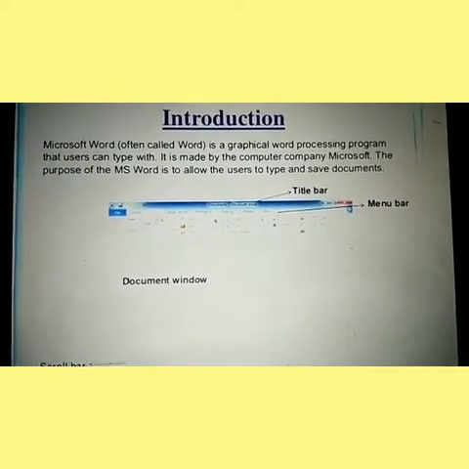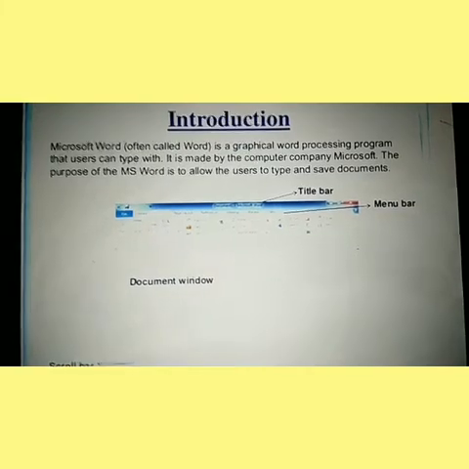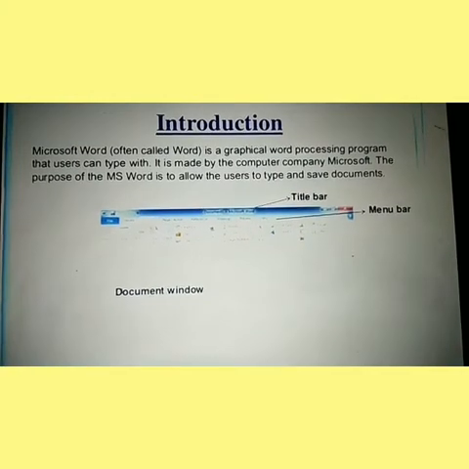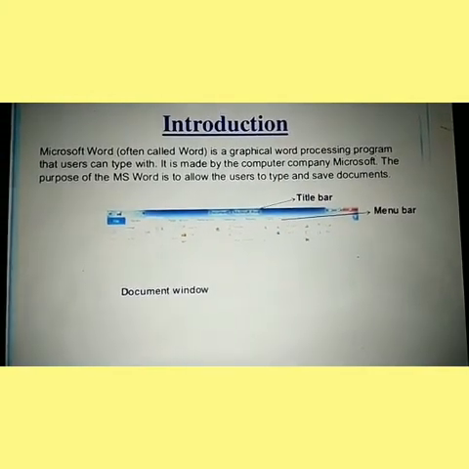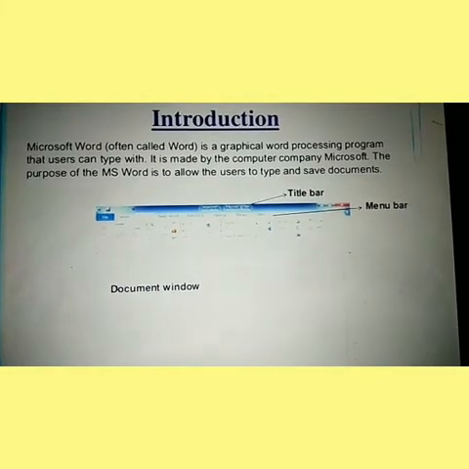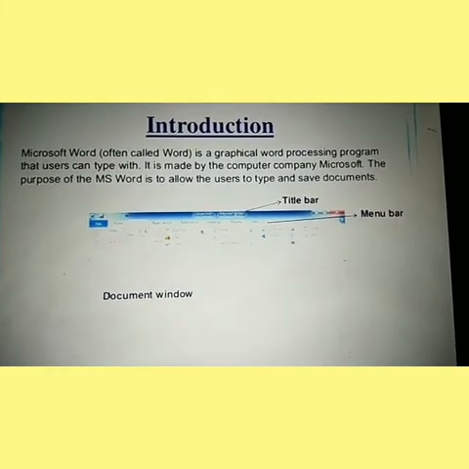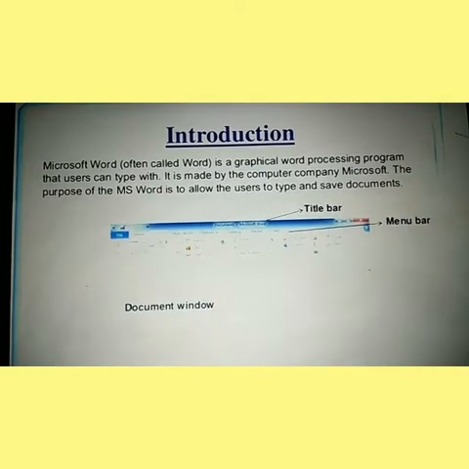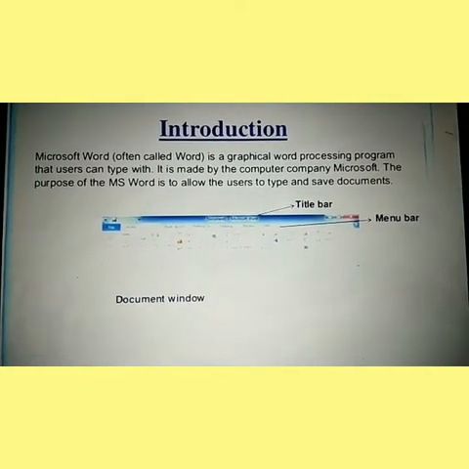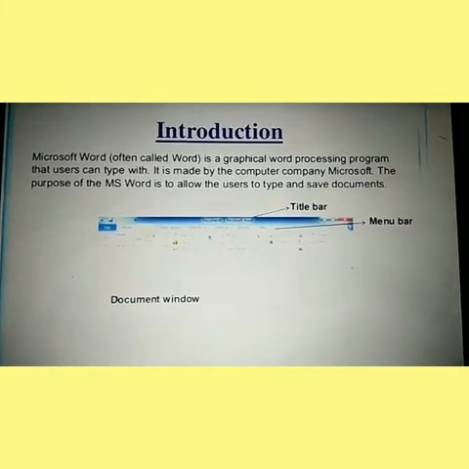The purpose of MS Word is to allow the user to type and save documents, etc. Features used in Microsoft Word include save options, saving files, documents and typing work, which we can use with the help of the Microsoft Word application software. We can type data and save data, etc.